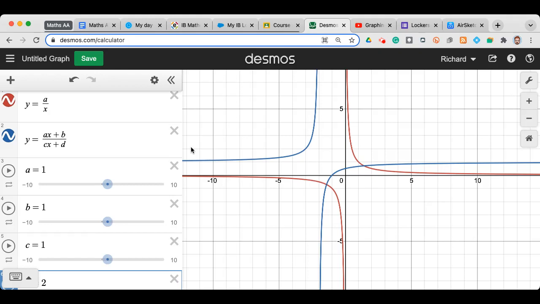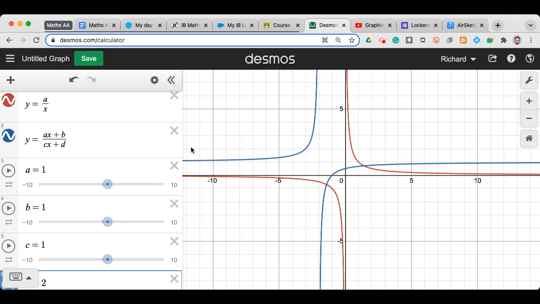It certainly affects the translations and where the vertical asymptotes are because that's in the middle. But way out, it doesn't have much of an effect. So when we're considering what's happening, we can basically just look at the dominant terms, which is AX on the top and CX on the bottom. They are going to affect what's going on. Does that kind of make sense?